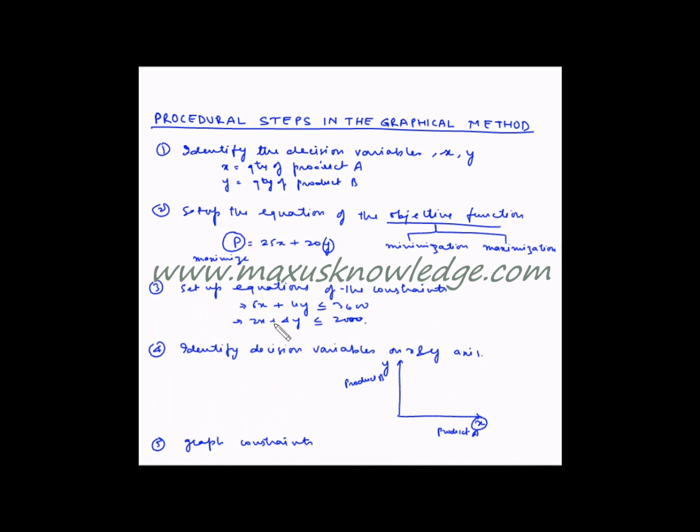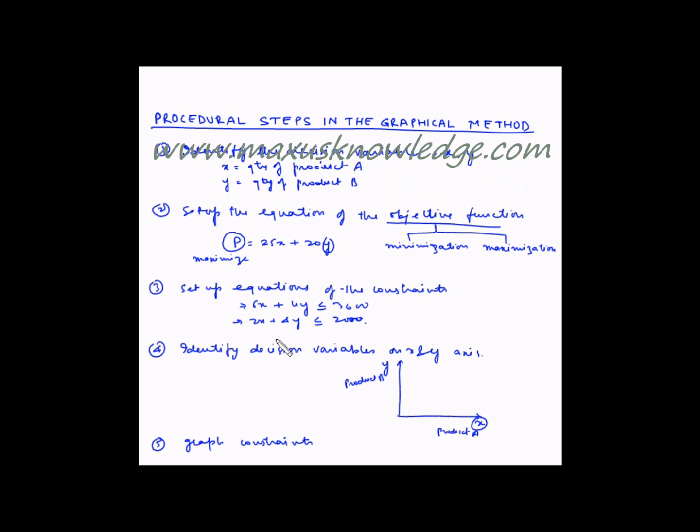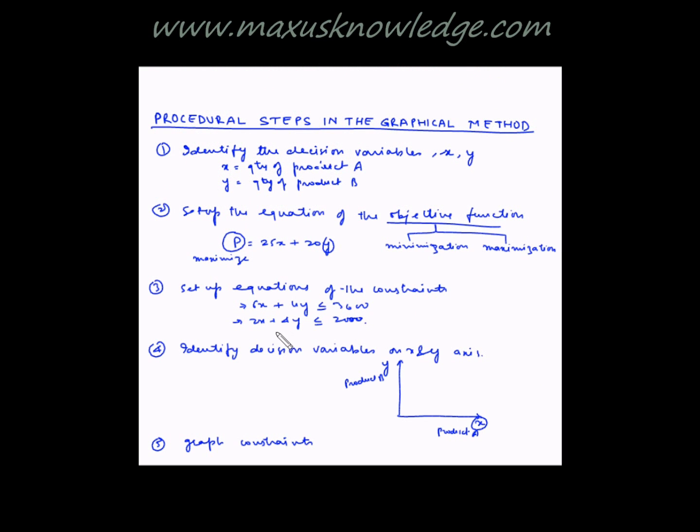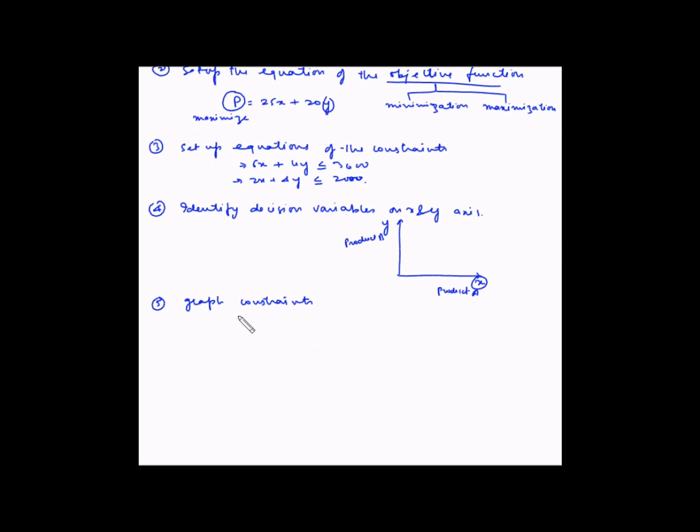Now we have to plot these two equations on the graph. So for ease of plotting, what we would do is reduce these equations to the sign of equality. So the constraints become 6x plus 4y is equal to 3600 and 2x plus 4y is equal to 2000.